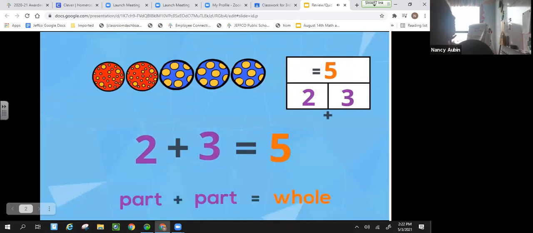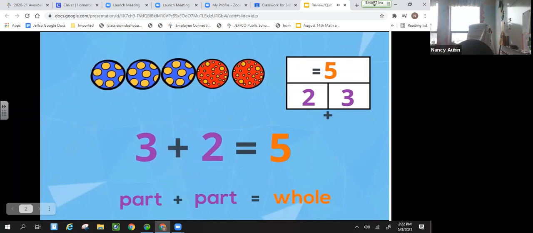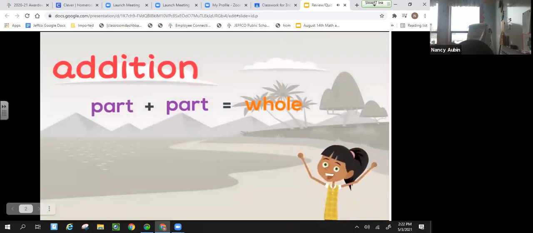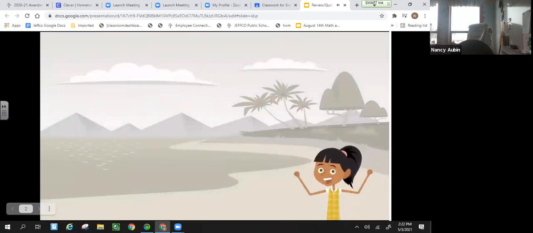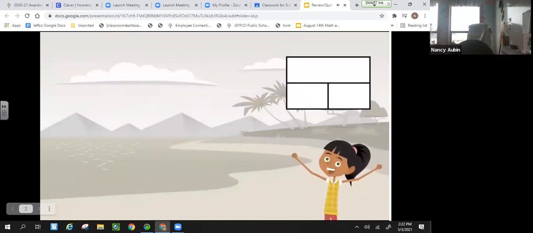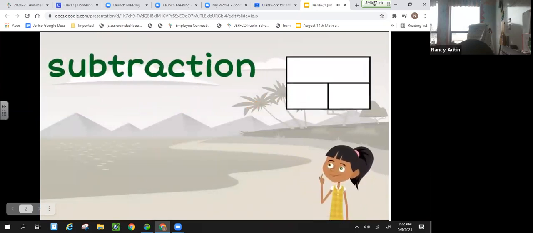That means that 3 plus 2 must also equal 5. So we know that part plus part equals the whole. We can also use this part-part-whole model to represent subtraction.